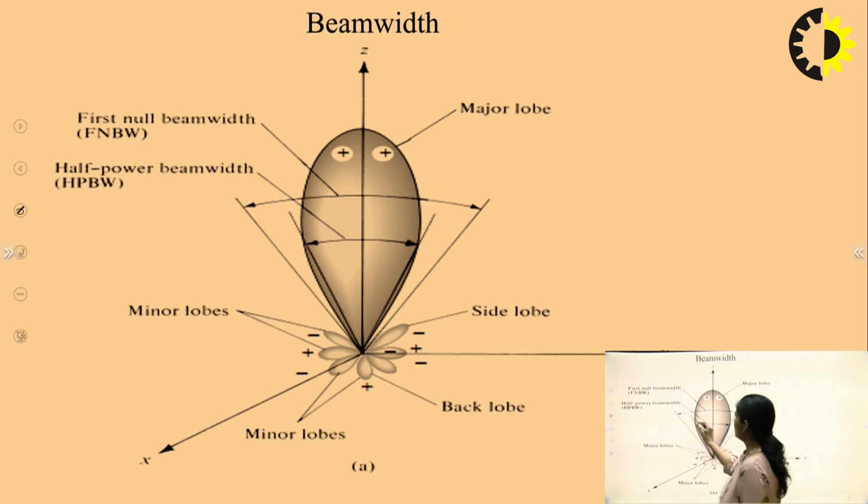Already we have done how to calculate half power beam width. These are the points where they touch the major lobe, your points at 0.707. So this is your half power beam width, the angular distance between these two points.